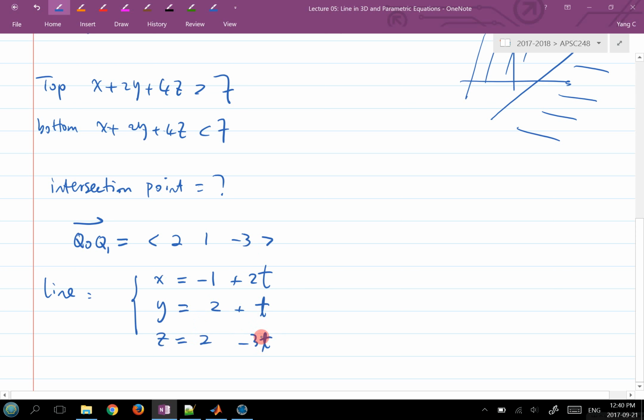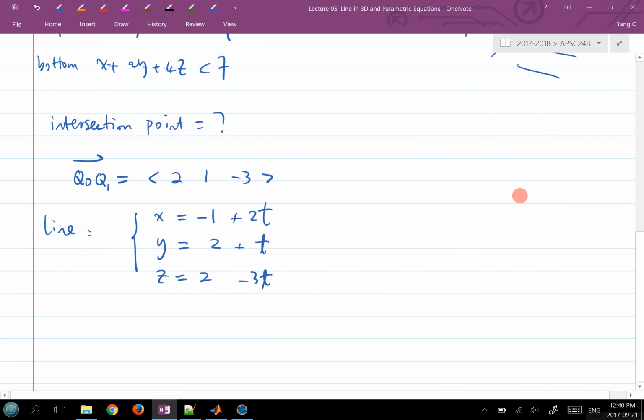Okay. So then we're ready to solve the question, what's the intersection point between this line and the plane? I think we actually probably dealt with this kind of question before. x, y, z here basically represent the coordinates on the line.